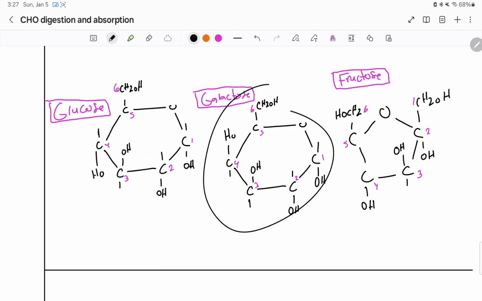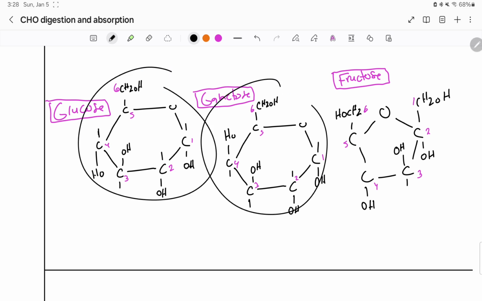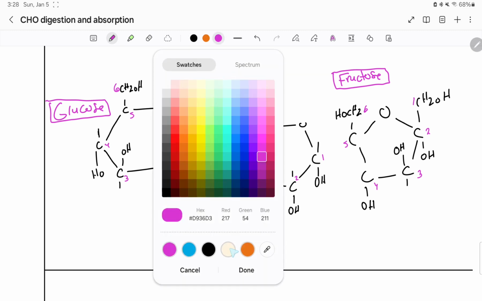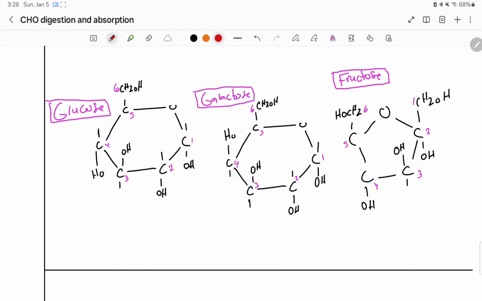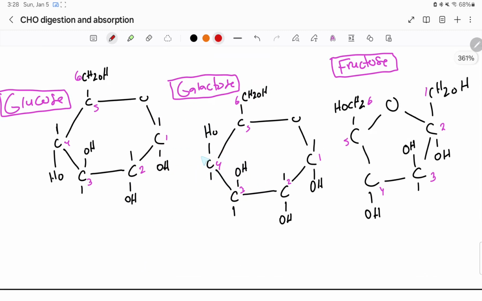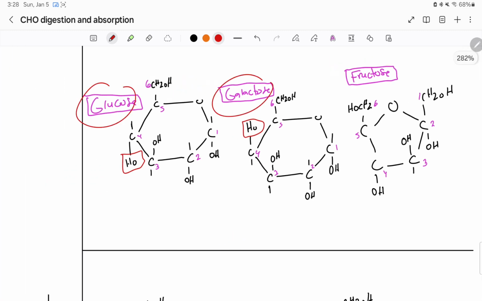It's like trying to superimpose your left hand on your right hand. They're not going to match. While they look the same and have the same chemical formula, they won't superimpose. So what is the actual difference between them? On the 4th carbon here, the hydroxyl group is pointing up, and on the 4th carbon here, the hydroxyl group is pointing down. That is the only difference between glucose and galactose.